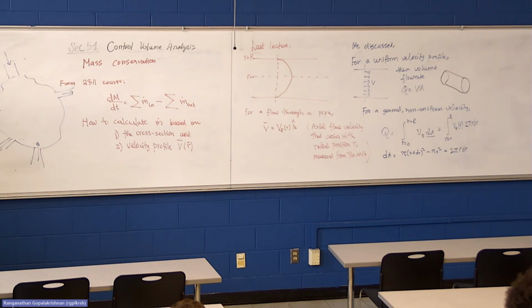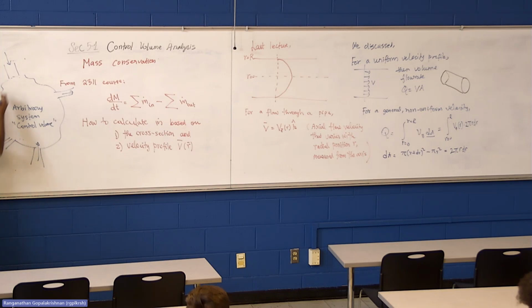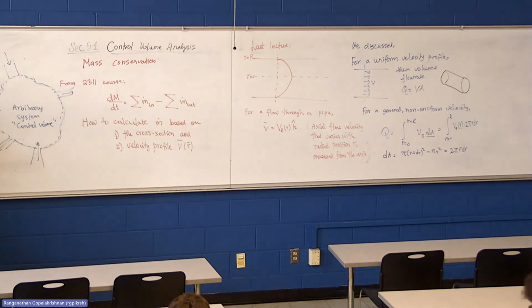This arbitrary system we'll call a control volume. So we are trying to understand the net mass flow in and out of the system, as well as the accumulation of mass within the system. That's why this whole chapter is called control volume analysis. We are trying to do a mass balance on an arbitrary control volume.